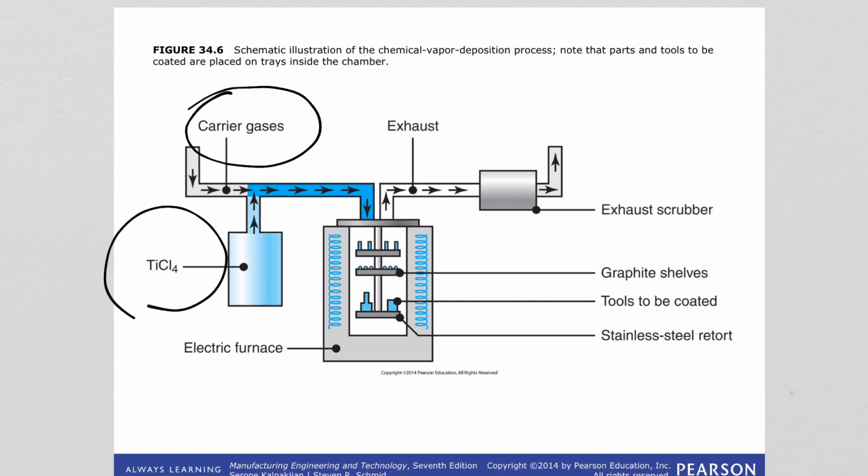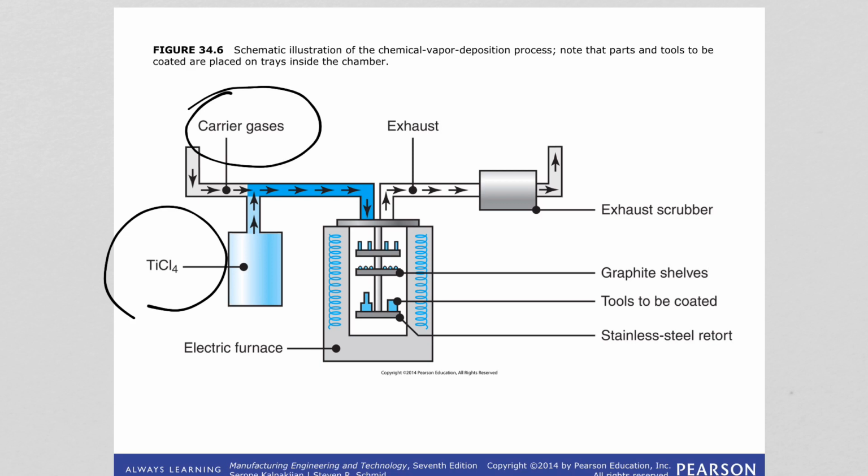So here the titanium chloride is a vapor and transported into the reactor via the hydrogen carrier gas, and then there is the methane. There are going to be certain reactions going on, okay? So there will be chemical reactions that are forming the titanium nitride at the end.